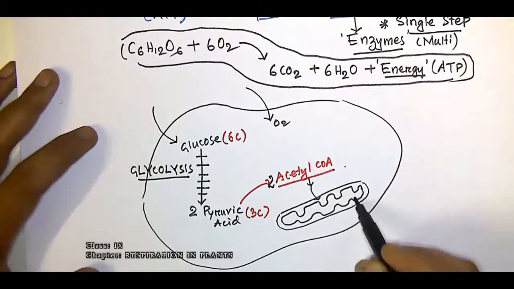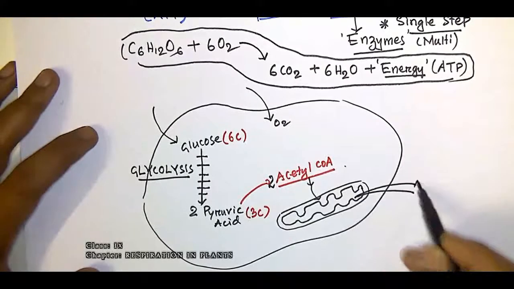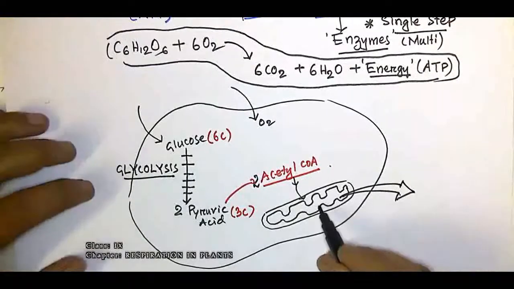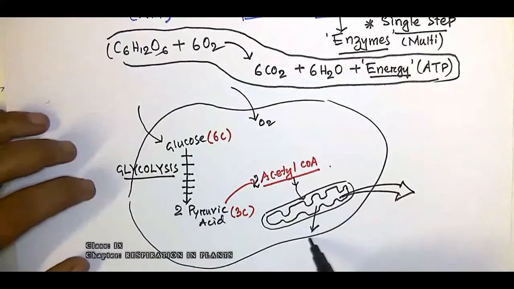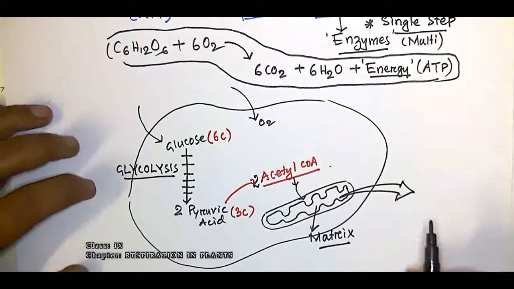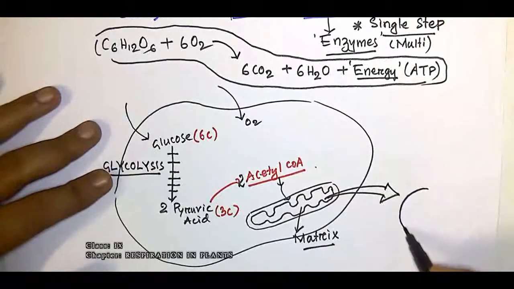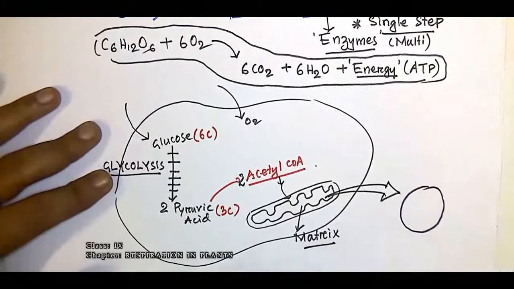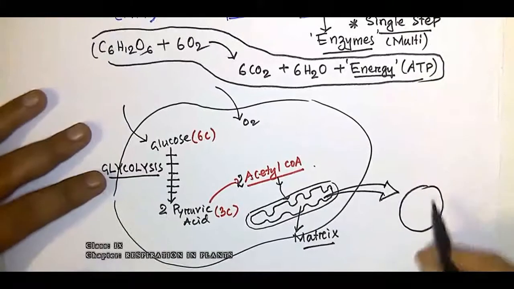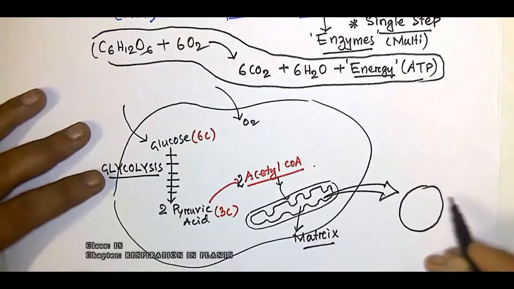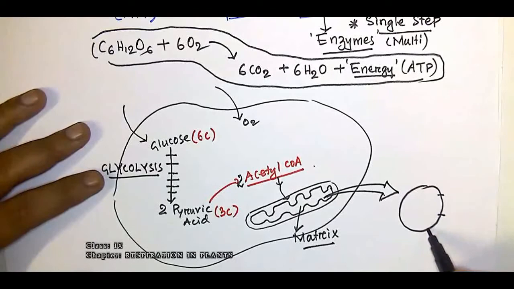And what is now going to happen inside the mitochondria? Let us understand. Inside the mitochondria, in fact in the matrix, you remember this is called the matrix of the mitochondria, right? In the matrix of the mitochondria, there is again a 10-step circular process which is going to occur, and in this process the acetyl CoAs are going to release carbon dioxide.